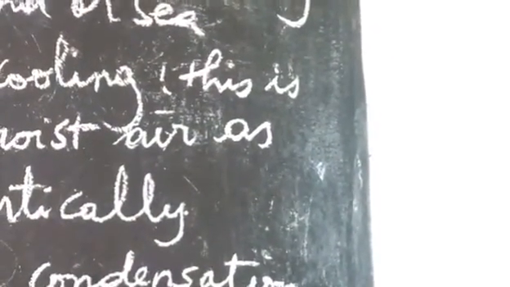When you talk of advection, this is where warm air passes over the cold surface, and this will cause the occurrence of fogs, and that fog can also lead to the occurrence of condensation. Adiabatic cooling or expansion of air. This is a cooling of moist air as it rises vertically.